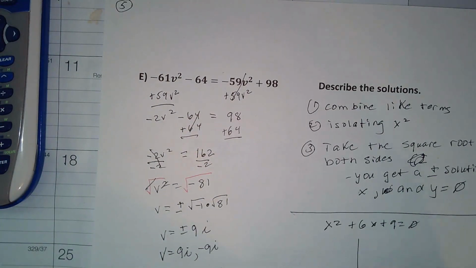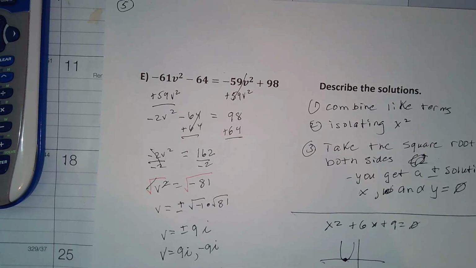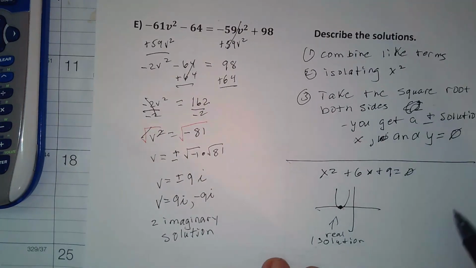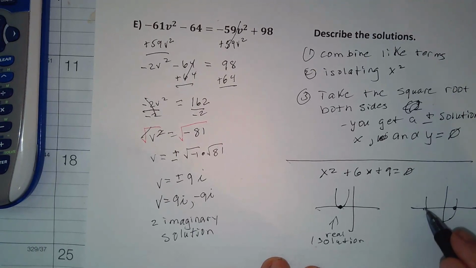So the graph of it looks like this. One solution. Okay? So that's one real solution. That's one possibility for these problems that we've been doing. Or we can have two real solutions.